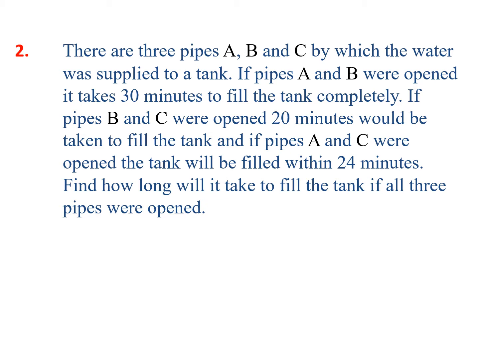If pipes B and C were opened, 20 minutes would be taken to fill the tank, and if pipes A and C were opened, the tank will be filled within 24 minutes. Find how long it will take to fill the tank if all three pipes were opened.